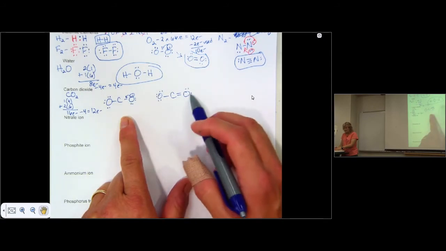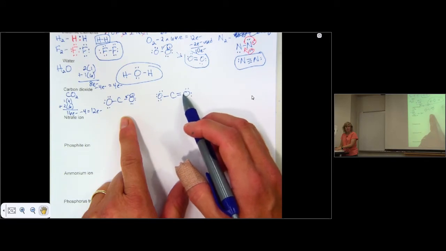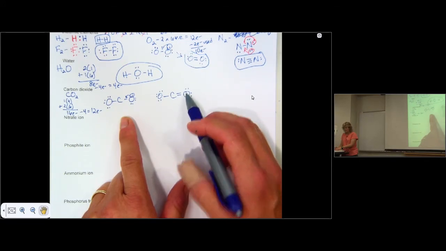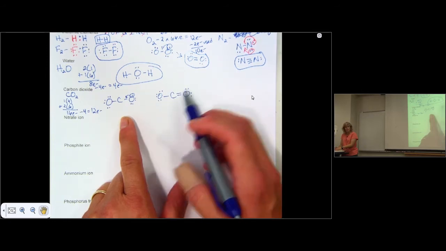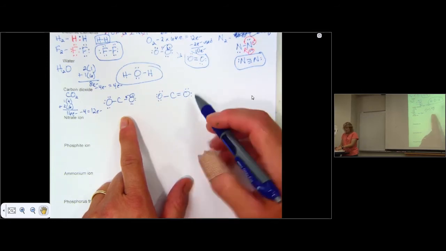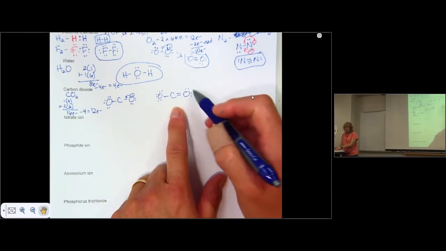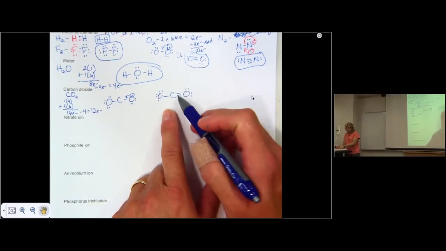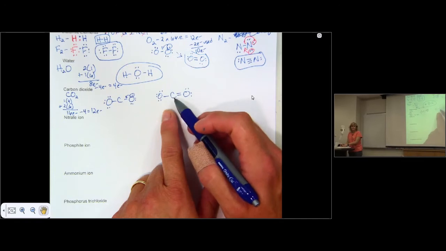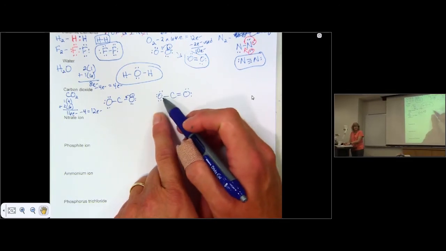That didn't take it really away from oxygen, it's just now sharing. Does everybody realize what I just did? Since this is the first one we've done a double or triple bond on, I want to go slow on it. This means 2, 4, 6, 8, so this oxygen still has 8, but it makes this carbon have how many now? 6, and this oxygen still has 8.